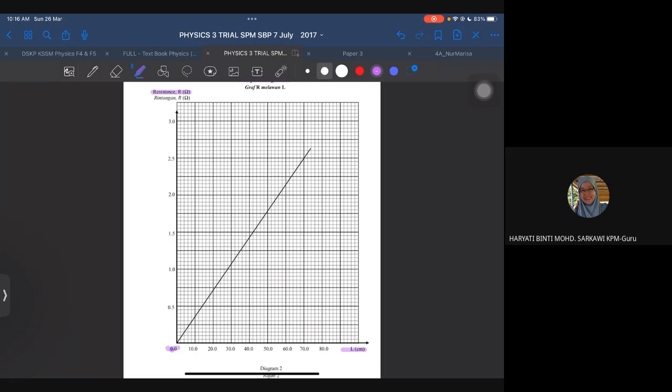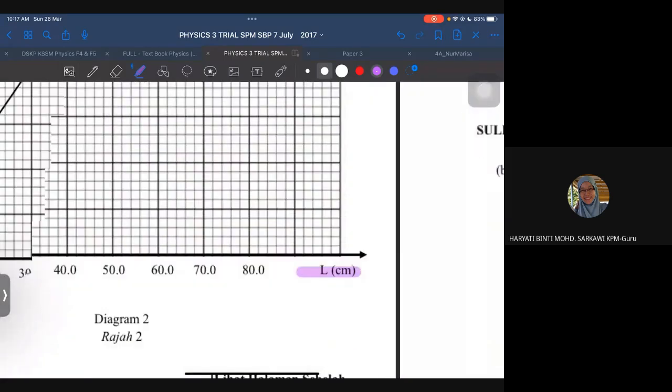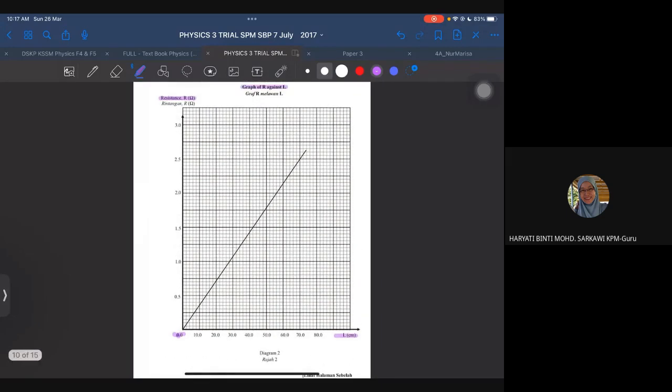Is it too hard? There is no Y and X. Angeli, there is no Y and X. There are R and L. This is R. The horizontal axis is L. So, change your answer, Angeli.